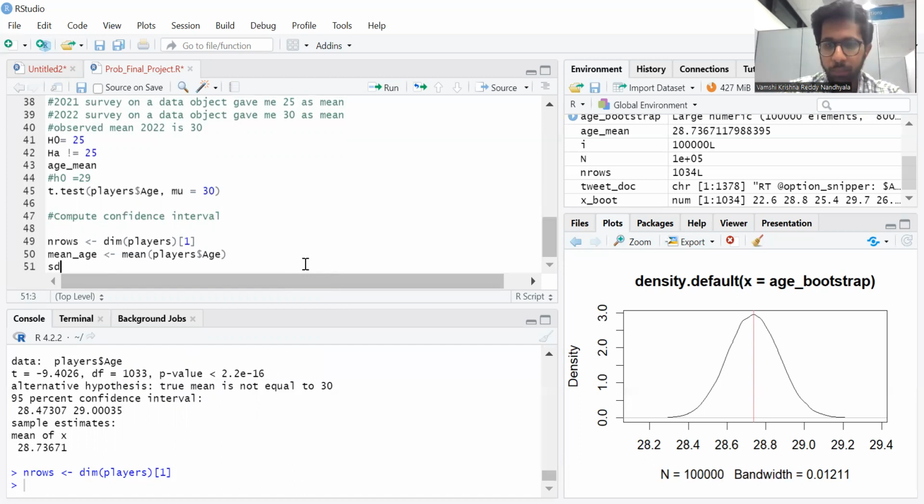Now let me compute the SD, standard deviation, SD of players age.